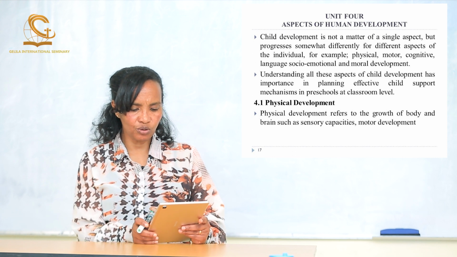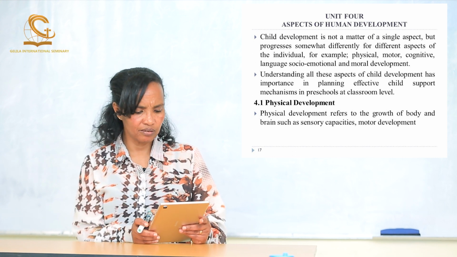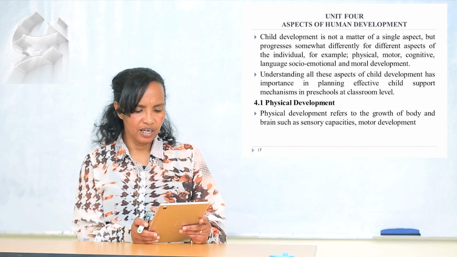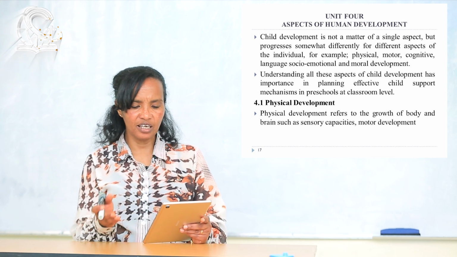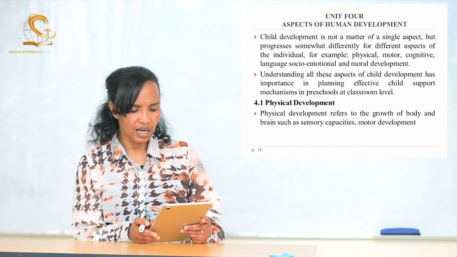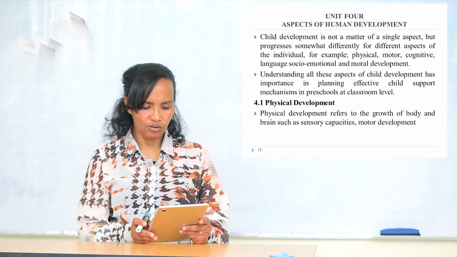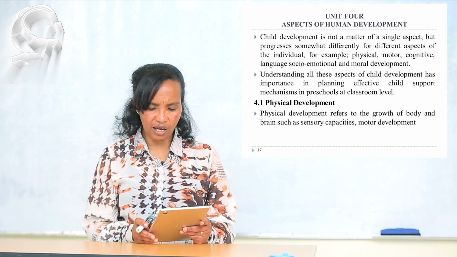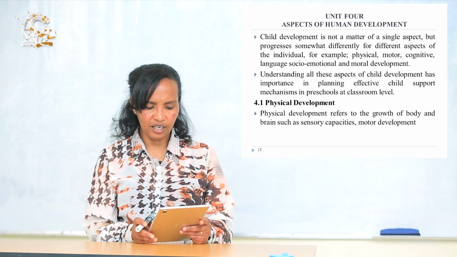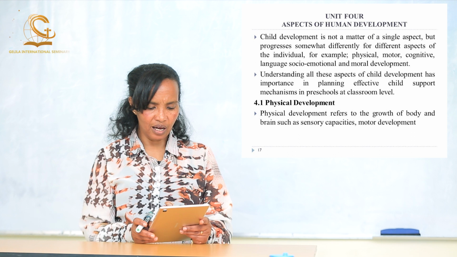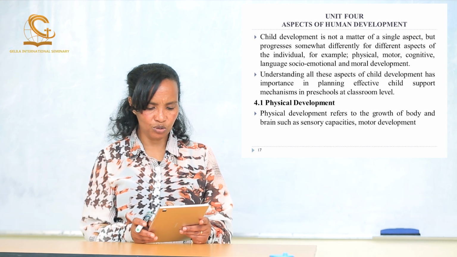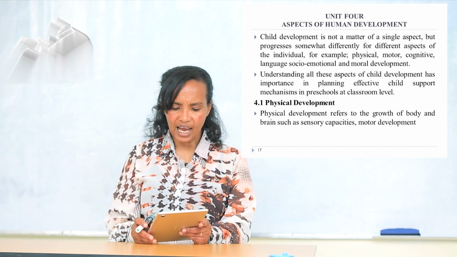Child development is not a matter of a single aspect, but it progresses somewhat differently for different aspects of the individual. For example, physical, motor, cognitive, language, and socio-emotional and moral development are some of the aspects of child development.